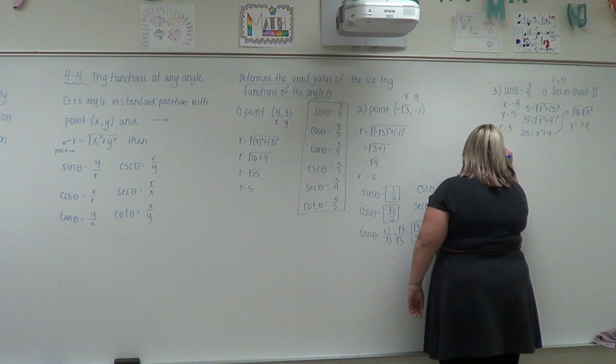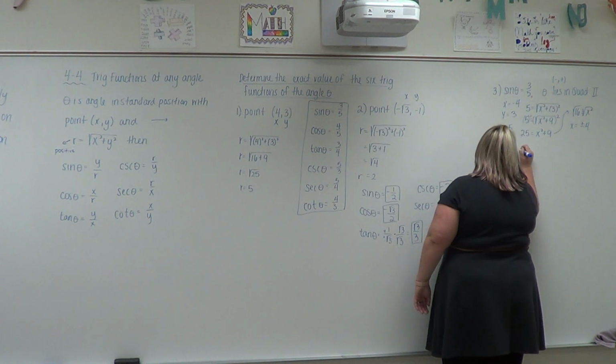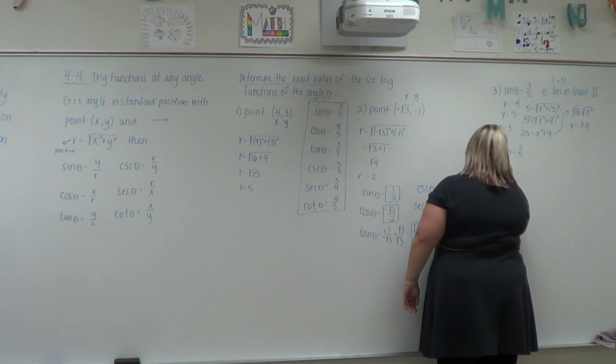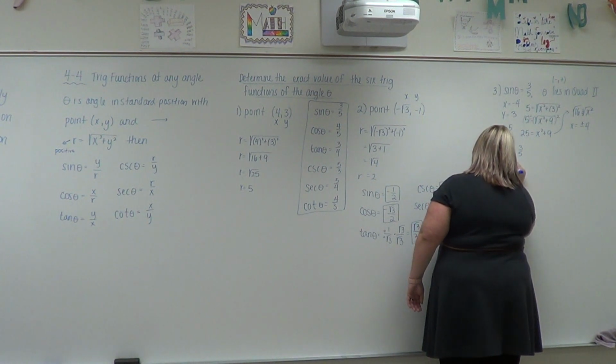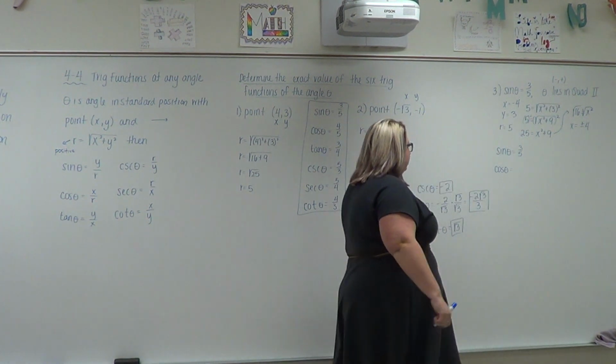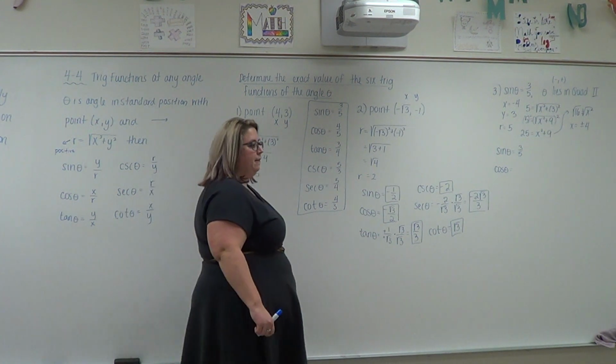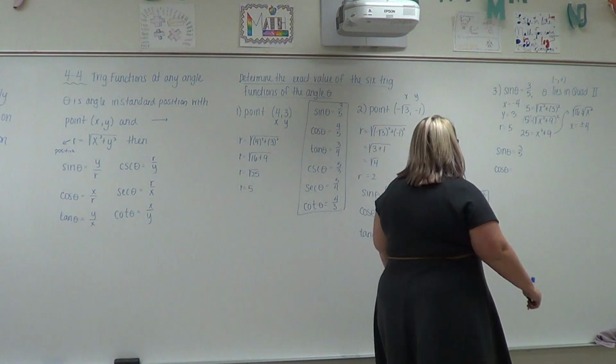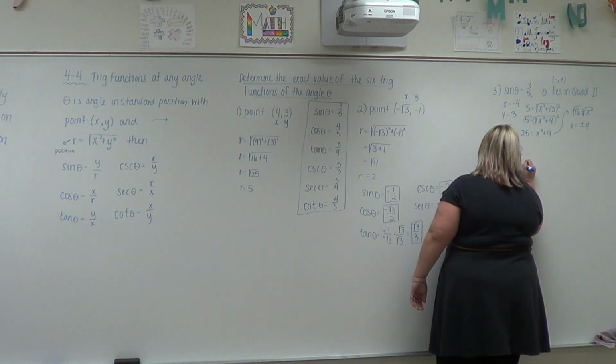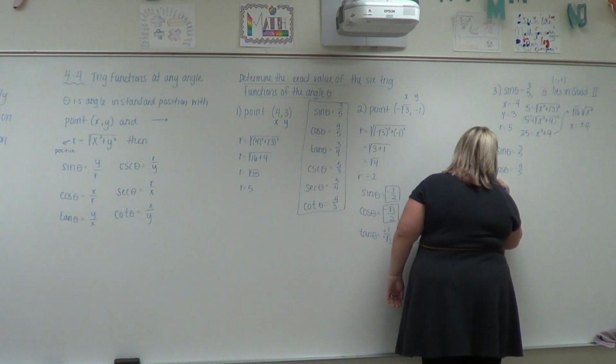Now if I find the 6 trig functions, you already know sine is 3/5. What's cosine? Negative 4 over 5, good. What about tangent?